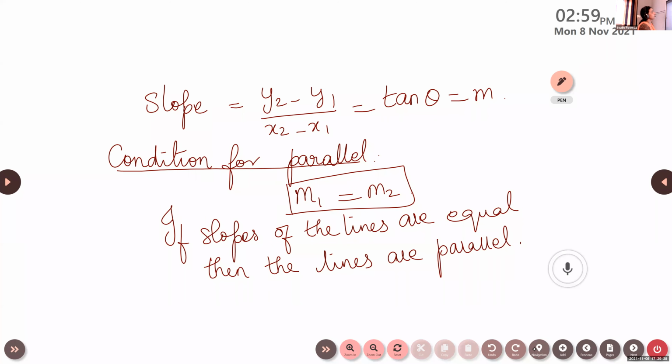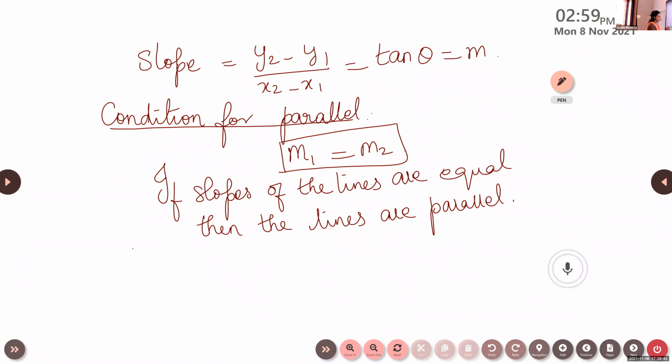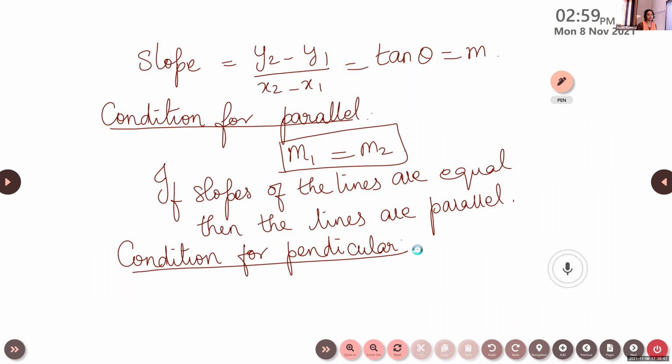Now the next one is the condition for perpendicular. Two lines are perpendicular means the angle between the lines is 90 degrees. So with respect to slopes, listen.